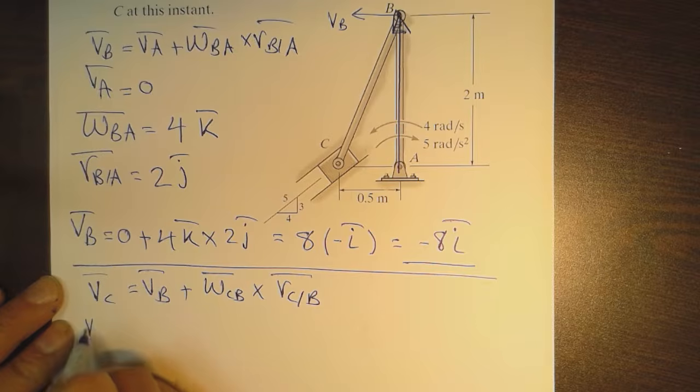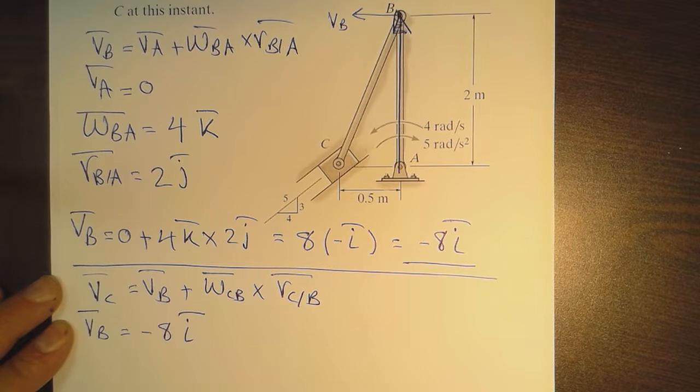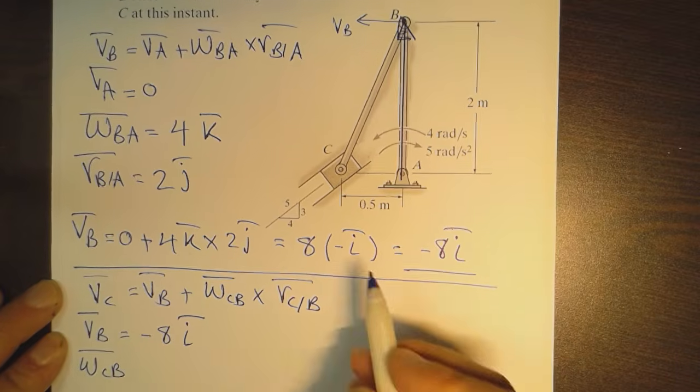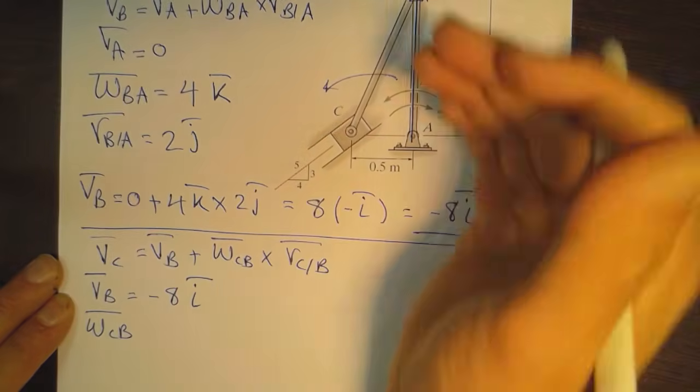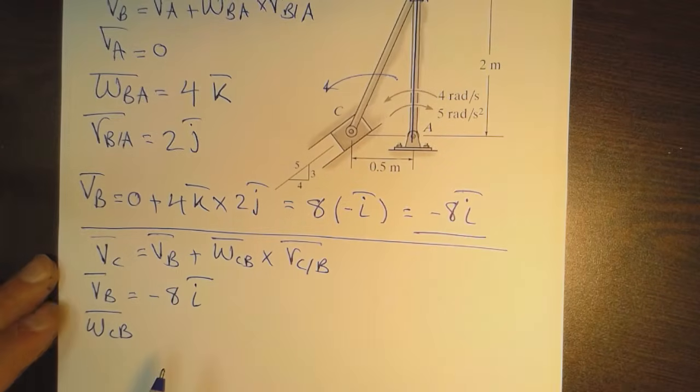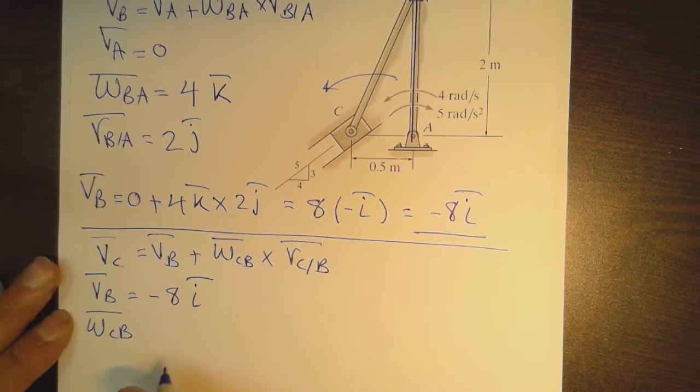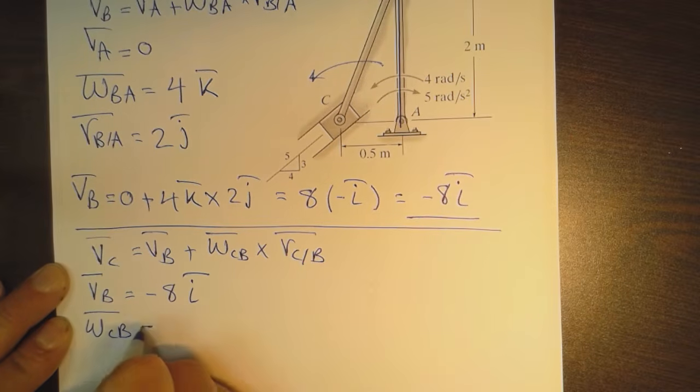VB here is equal to minus 8i. For omega CB, it is going in that direction, no problem. It is counterclockwise. We can assume this. We don't know its value, but we know its direction. So we can say it is omega CB k.